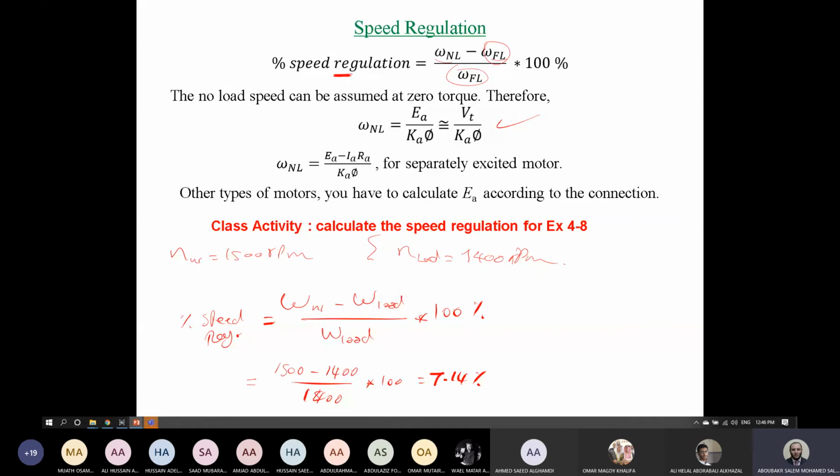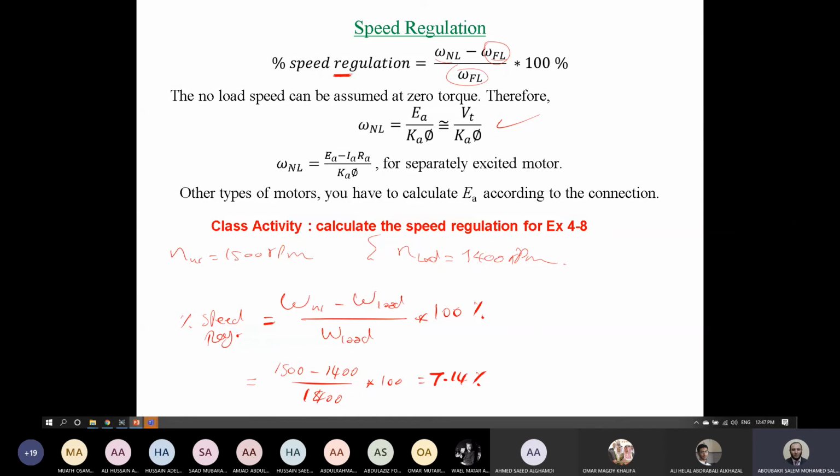But the problem, doctor, is that it is still in the lab manual. Simply, we discussed before the voltage regulation for the transformer, and it's by the same concept. We can also calculate the voltage regulation for the DC generator by the same concept as the transformer.